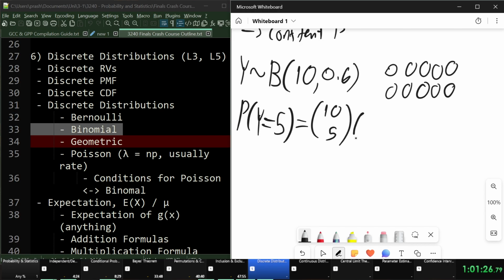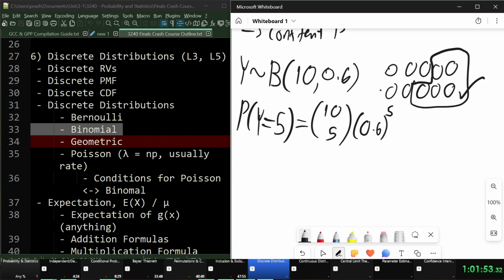Then we want to make sure that these 5 succeeded, that we actually got heads. So we put 0.6, which is the probability. And we succeeded 5 times, so we put 5 over here. Because we succeeded 0.6, the next success is also 0.6, so you times 0.6, and you do that for every single success. That will guarantee that 5 have succeeded.